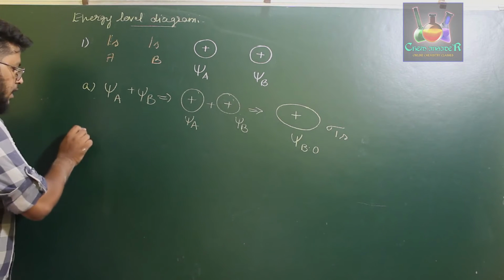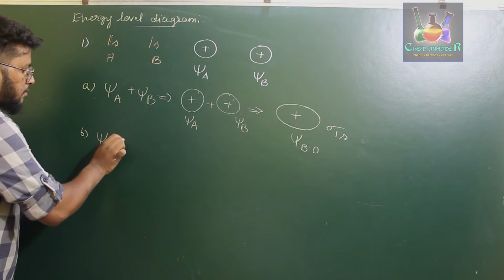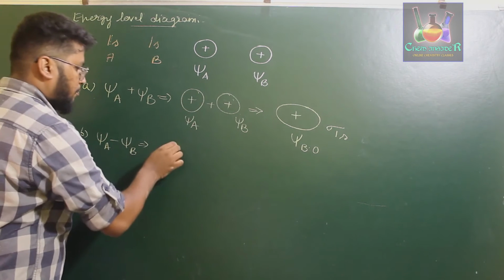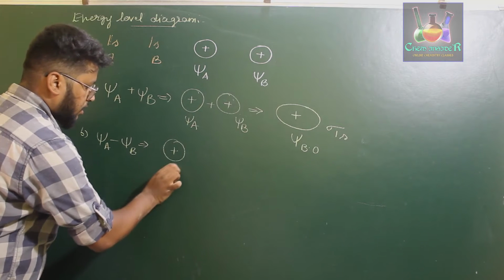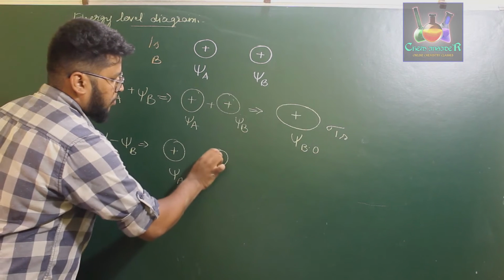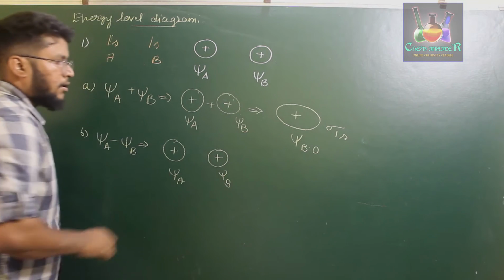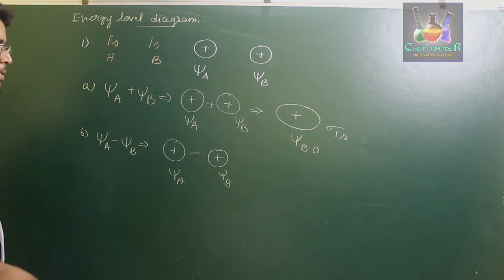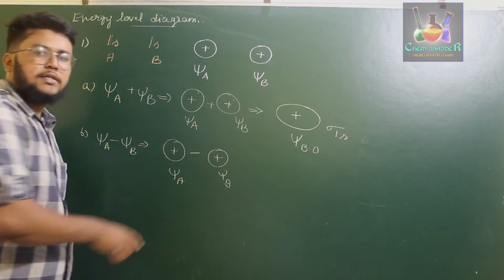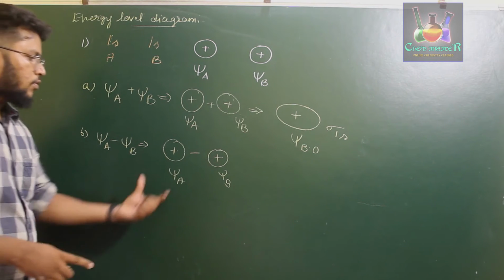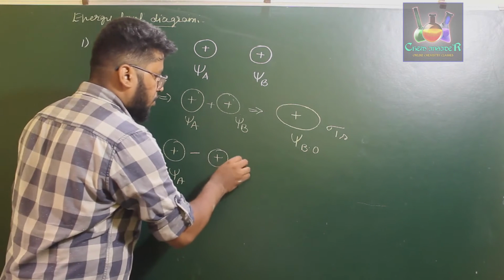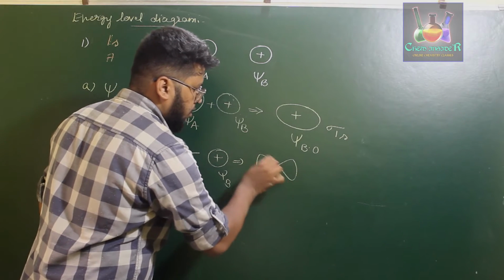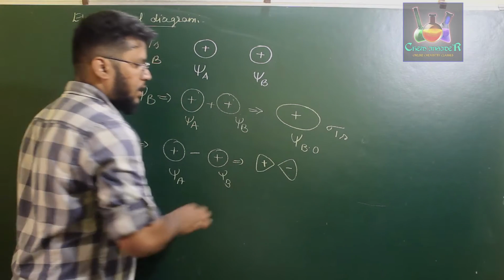Now for the second one, that is psi A minus psi B. Similarly, we'll have positive of psi A and positive of psi B. But the problem is we have a negative sign between these two. So what happens is, plus of minus will be minus. Therefore, this particular atomic orbital combination will yield this particular geometry, a plus and a minus.